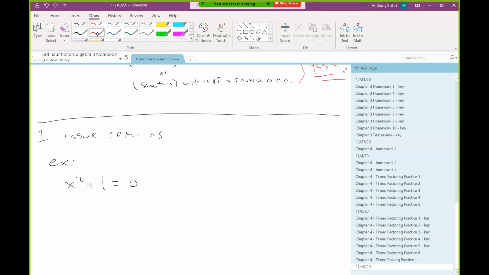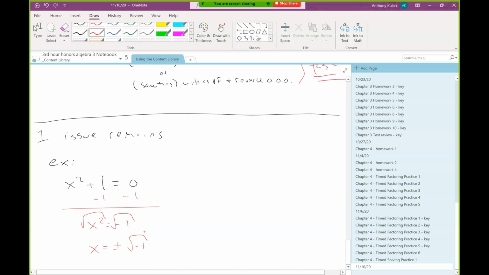Subtract 1 from both sides. Square root both sides. So x is equal to plus or minus the square root of negative 1. Does anybody see a problem with that? Well, does anybody see a problem with what I've written? Ella?